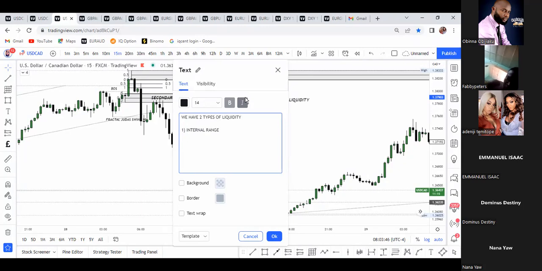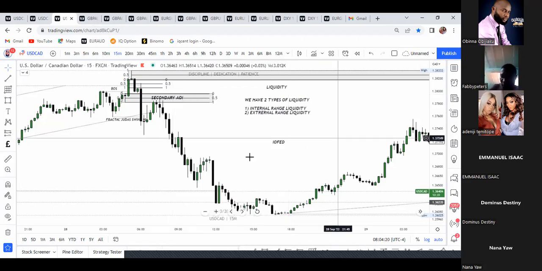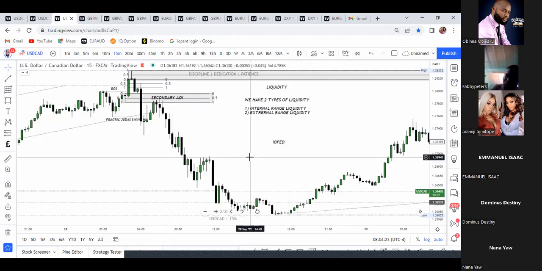It's the most complicated and the widest of all. Number two, we have external range liquidity. We have internal range and we have what? External range. We have internal range and we have external range.